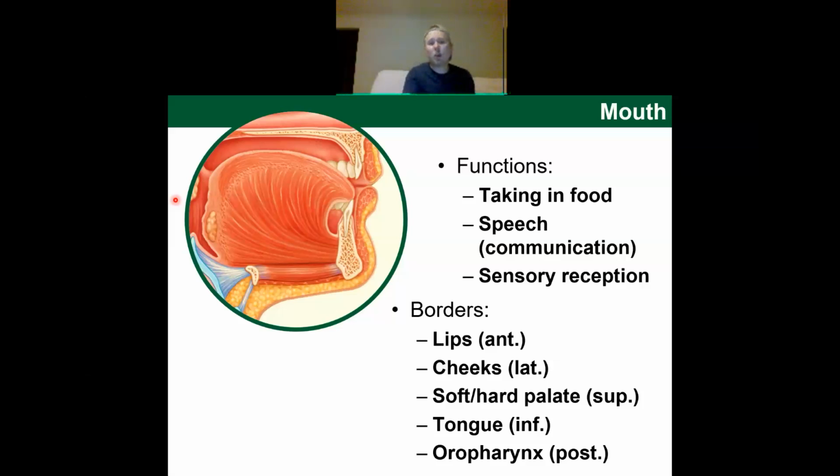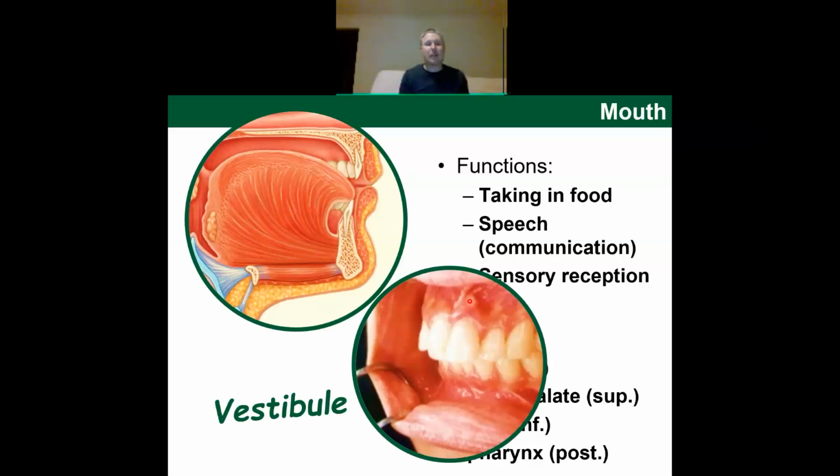There's one more term that I do want to introduce in terms of the boundaries or borders of the mouth, and this term is vestibule. Vestibule, if you translate it literally, means chamber. And if you think about the area the term refers to, chamber is actually a good description.